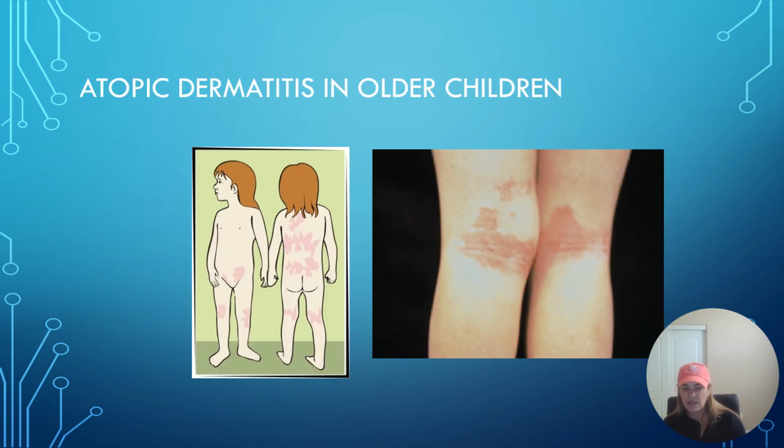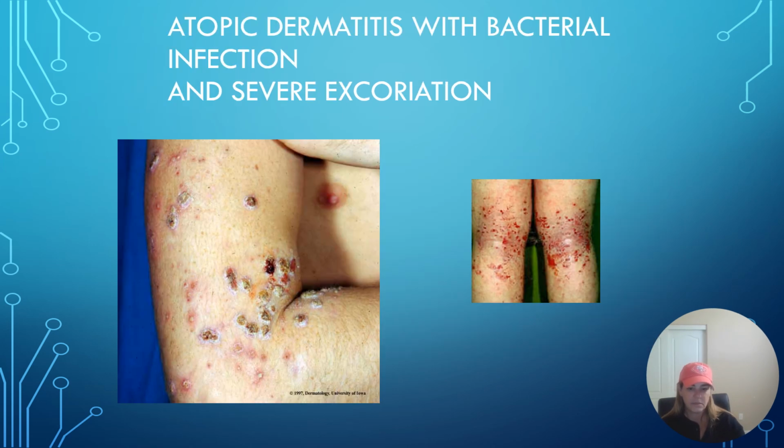So here is just a little diagram of where you might find them. As you can see, the back of the knees or the popliteal areas on the back, also maybe in the abdomen area or the diaper area, depending on if they're still wearing a diaper. This is an example of atopic dermatitis that has turned into a secondary bacterial infection and has some severe excoriation to it.